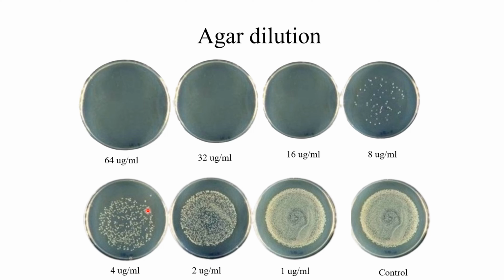Later, the growth is increasing, and this one is the control, and the control also has sufficient growth. So, if you are calculating the MIC, we can see that this 8 microgram per milliliter is the MIC of this particular drug towards the bacteria.